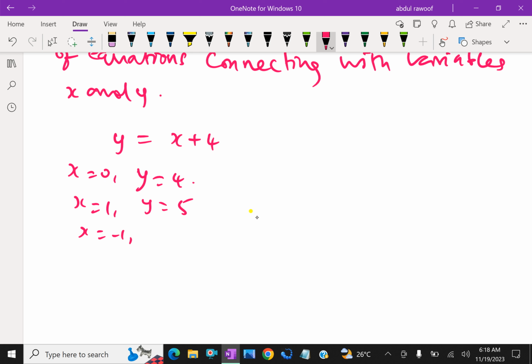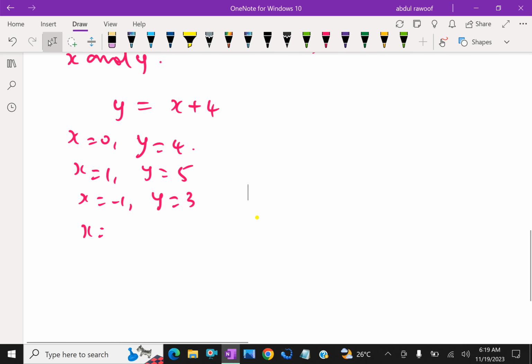X is minus 1, y is minus 1 plus 4, which is 3. X is minus 2, y is 4 minus 2, which is 2. Like this, we can make the relation between the two variables x and y by using this equation.